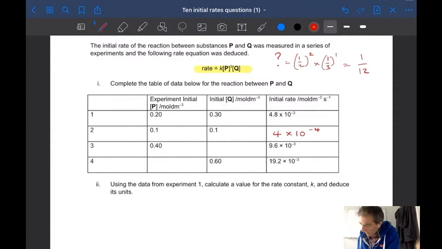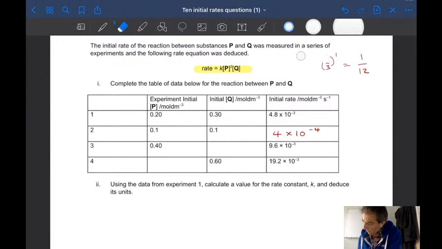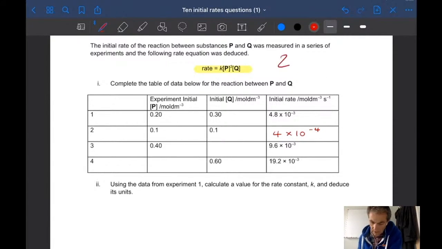So to get the next blank, the initial concentration for Q, I'm using 1 and 3 because we've got all the data in row 1, so that's why I'm choosing that one. So what's the increase in the rate? That's a twofold increase in the rate. I'm just going to do my jottings up here. So what's happening to P?